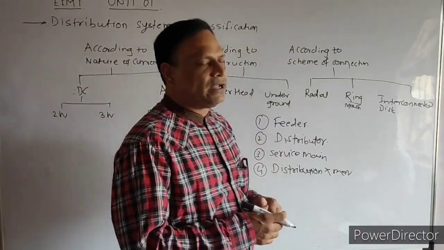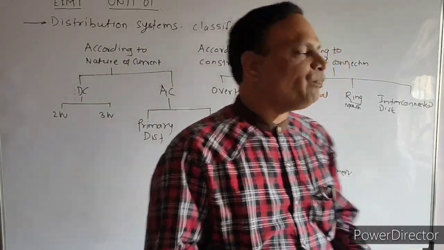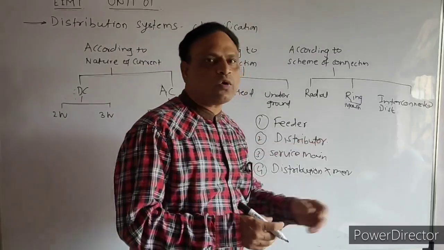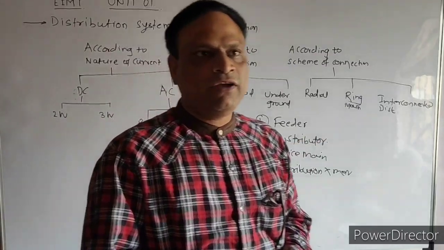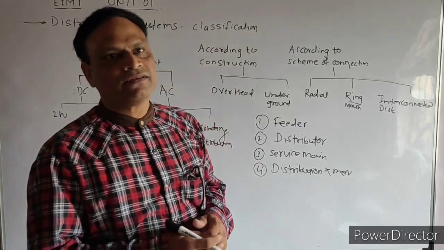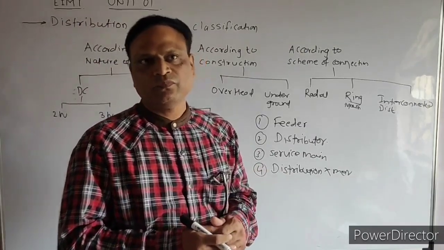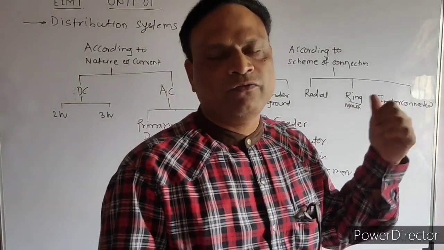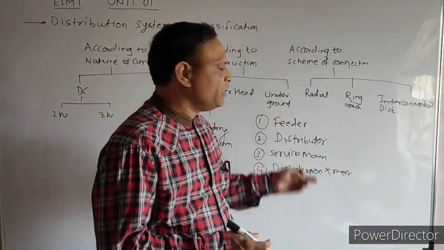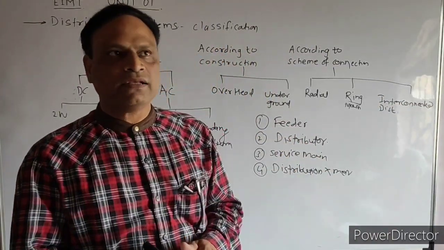Now what is a distributor? A distributor is a three-phase, four-wire system. If it is three-phase, three-wire system, then it is a feeder, and if it is a distributor, it should be three-phase, four-wire system.